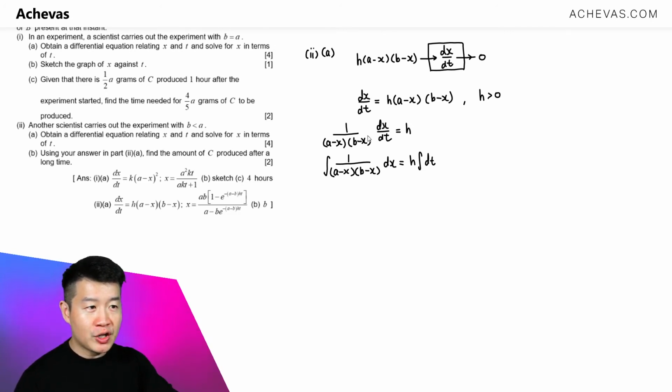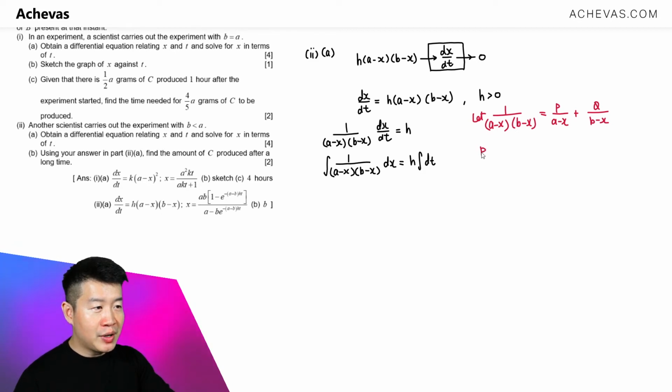So for partial fraction, just to keep my solution a little bit cleaner, I'm going to just write it here, okay? So I'll be letting this, which is 1 over (a minus x) multiplied by (b minus x), I'll let this be equal to p over (a minus x) plus q over (b minus x).